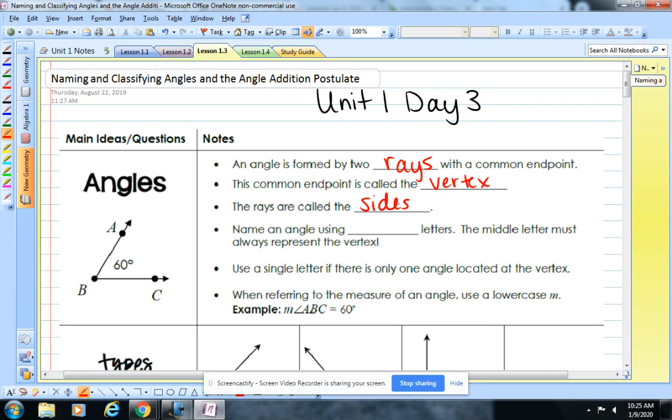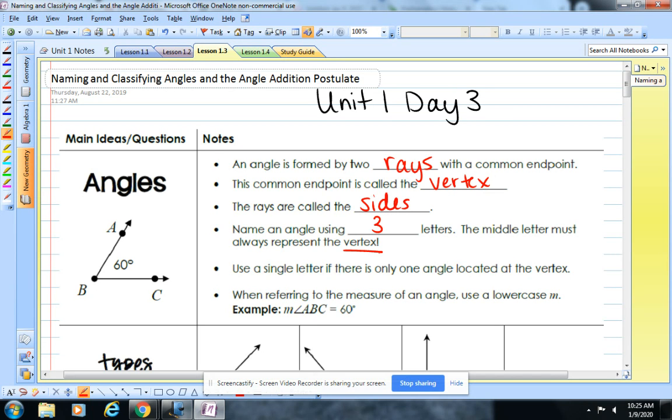When we name an angle, we need to use three letters. And the middle letter is always the vertex. So it doesn't matter which order when you're naming the two endpoints, but the middle one better be the vertex. Okay? The other 2 points are just points that are on the rays. If we only have one angle in our picture, like this one, you could just call this angle B. Okay?